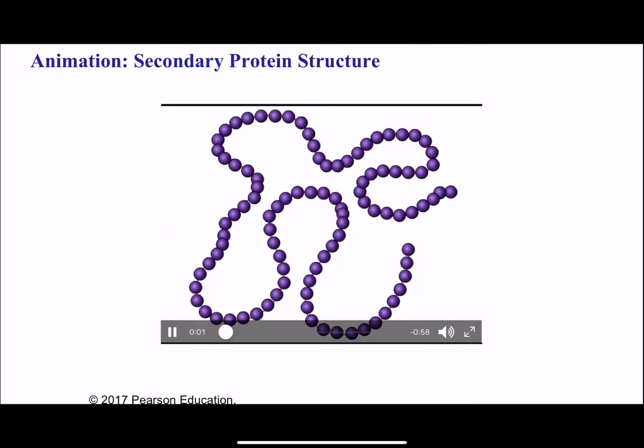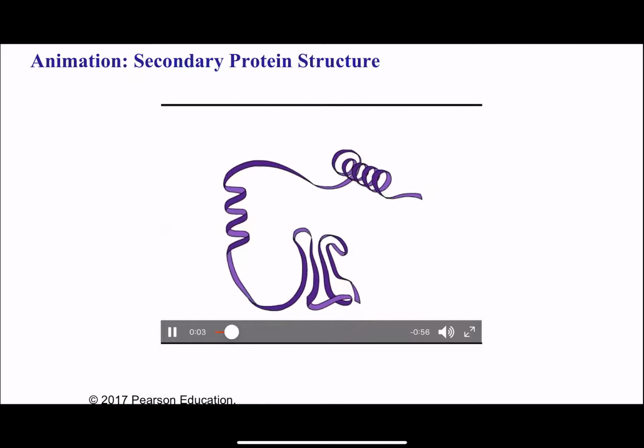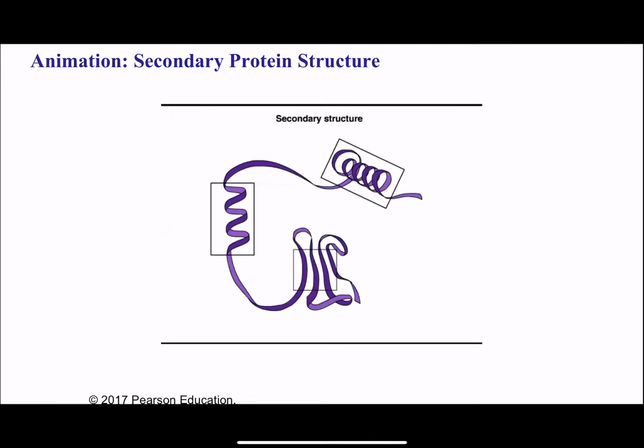In most proteins, parts of the polypeptide chain are coiled or folded, forming twists and corrugations. This is secondary structure. The turns and folds of secondary structure contribute to the protein's overall shape. One kind of secondary structure is the alpha helix, where the chain twists. Another is the pleated sheet, where the chain folds back on itself or where 2 regions of the chain lie parallel to one another.